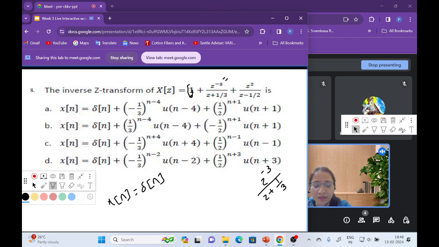How can you write this? You can take z to the power minus 4 outside, and 1 by 3 z inverse. So if we put z to the power minus 4 outside, what will be the inverse z transform of 1 divided by 1 plus 1 by 3 z inverse?